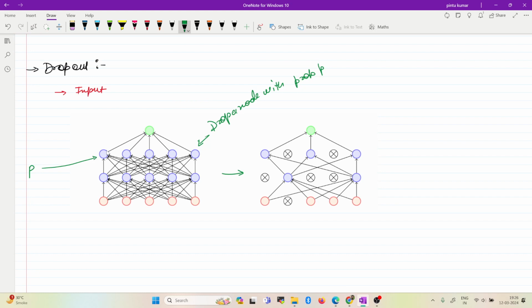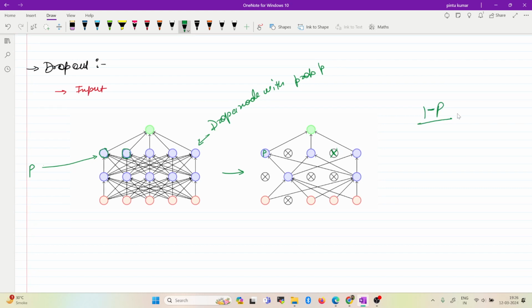So for every node in your hidden layer, that node would either remain in the network or be dropped. The probability of that node remaining in the network is p. So what is the probability of dropping that particular node? The probability of dropping is 1 minus p.